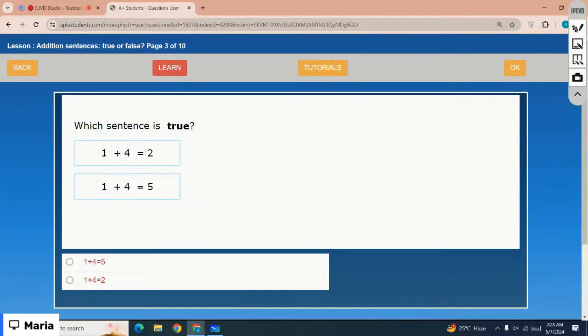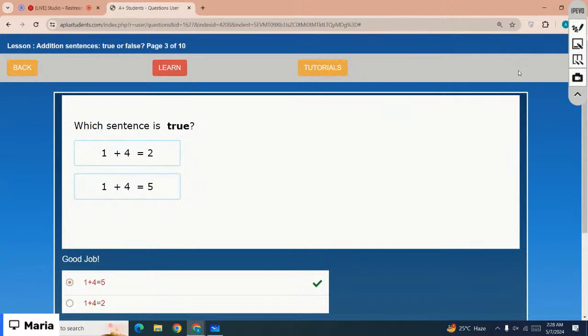That is 1 plus 4 equals 5. Option number 1 is the correct option. 1 plus 4 equals 5 is the correct option.